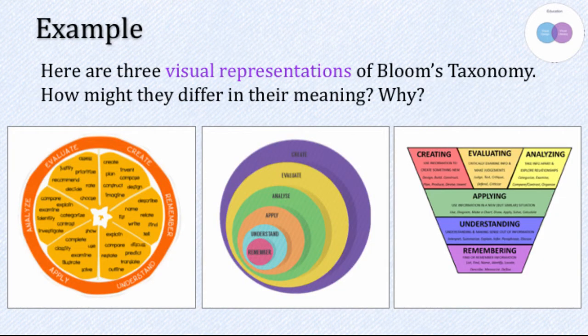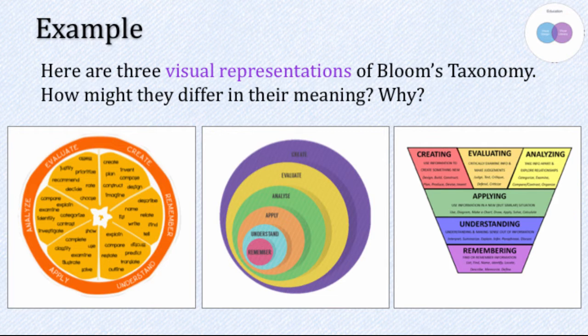Now let's take a look at an example. Here are 3 representations of Bloom's taxonomy. You'll notice that the content of each of these representations is more or less the same. However, the structure or the layout of this content, visually speaking, is different.